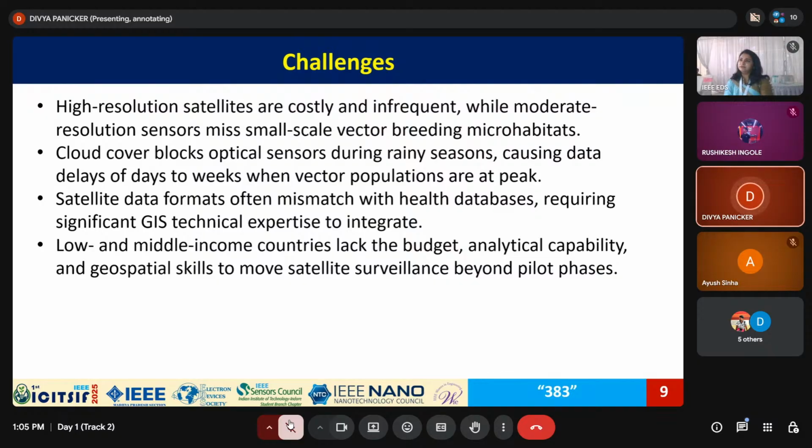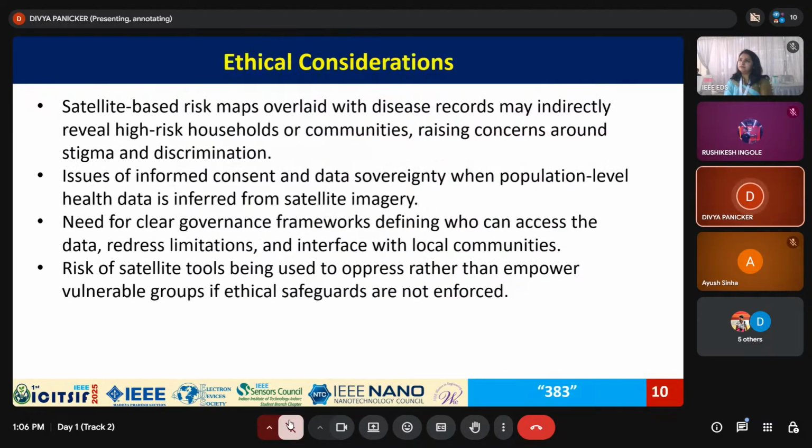There are also limitations like funding, technical infrastructure, and trained workforce. Ethical considerations are equally important, such as privacy, stigma, discrimination, and data sovereignty with respect to the community. So it should be taken care of.